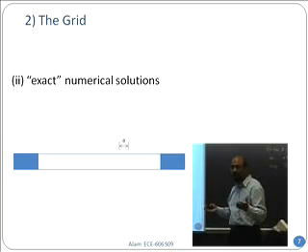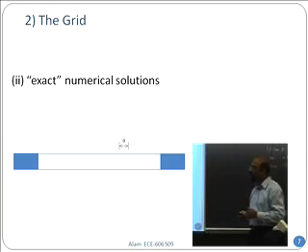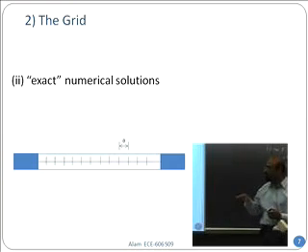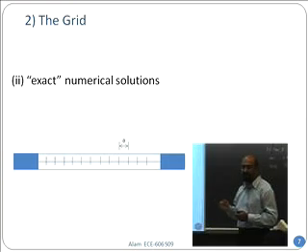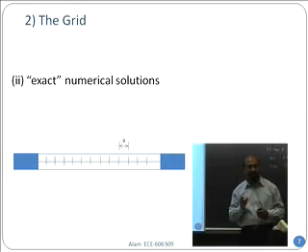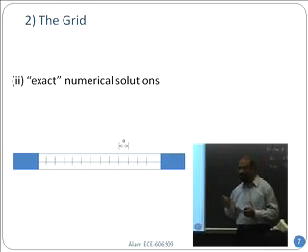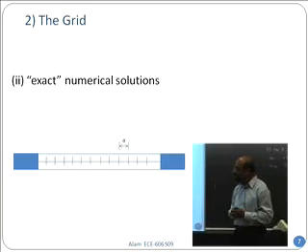Now, in between, I do not know how the potential varies. I do not know how the electron concentration varies. That's something I will have to find out. So the first job is to grid it. Grid it meaning connect the first and the last point between the two contacts and essentially divide it into many segments. Here I have drawn each segment to be the same. This is called uniform gridding. Uniform gridding essentially allows this region to be segmented in uniform sections, but it need not be uniform.